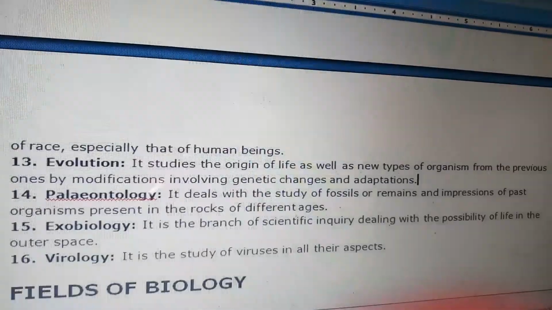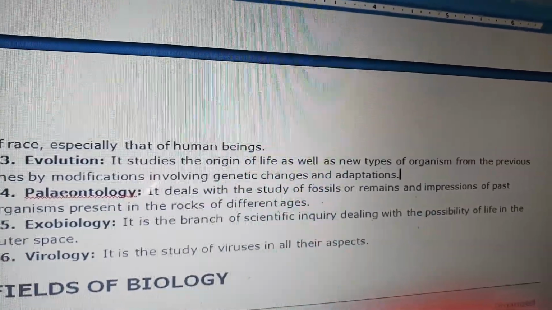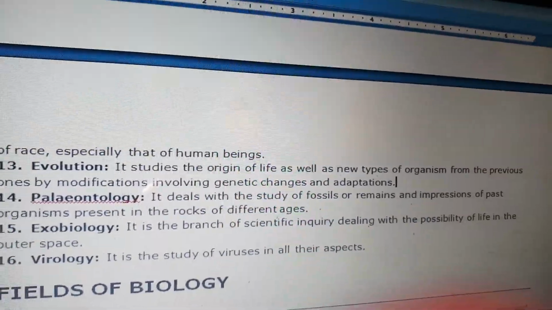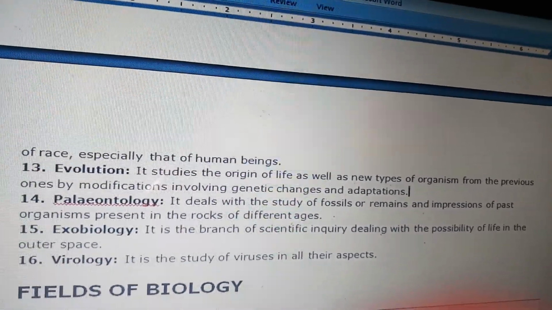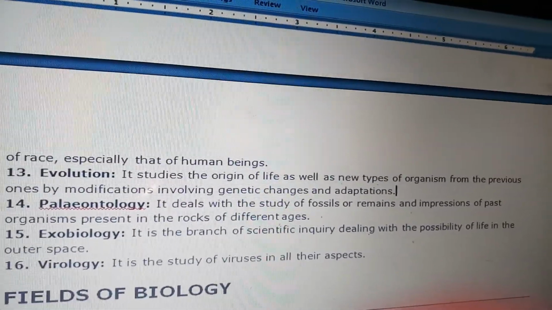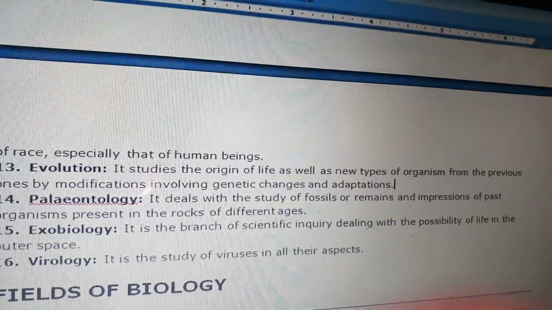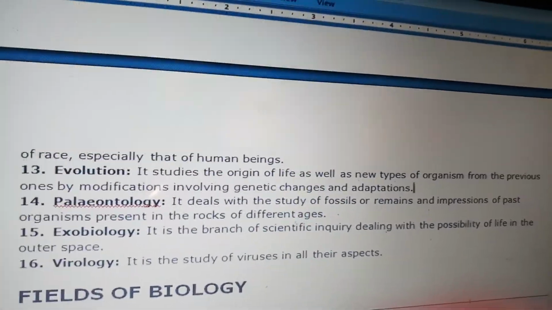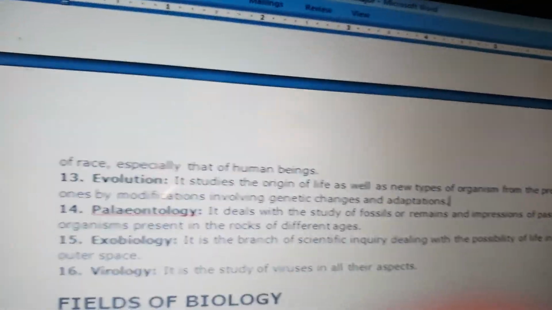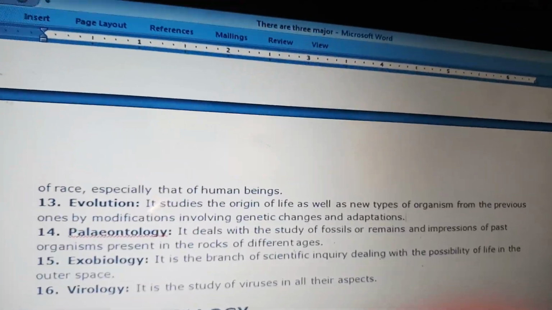Now evolution. Evolution studies the origin of life as well as the new types of organisms from the previous ones by modifications involving genetic changes and adaptations. The word evolution has come from evolve, how we have evolved.